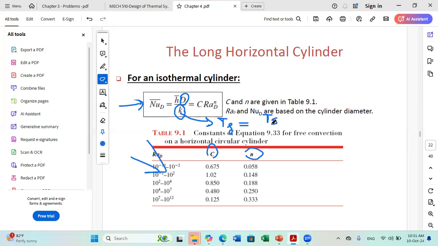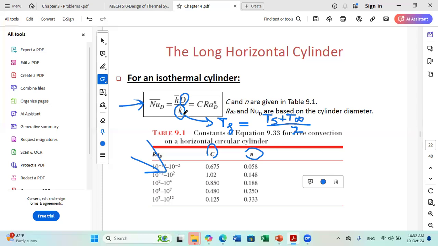Please pay attention. Conductivity of what? Of the fluid, not of the material of the duct or of the rod. So T film is T surface plus T infinity over 2. Here the fluid is air, so we go to the table of air and see, at the film temperature, what is the conductivity of air.